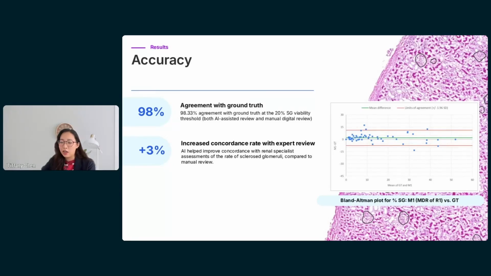And again, these are not renal pathology experts. We have a transplant surgeon and a general pathologist. Both reviewers were more likely to correctly classify an organ as viable or non-viable based on this threshold when using AI. This is really important because AI didn't just help them work faster, it helped them make better decisions, especially when navigating more unfamiliar territory like glomerular pathology.